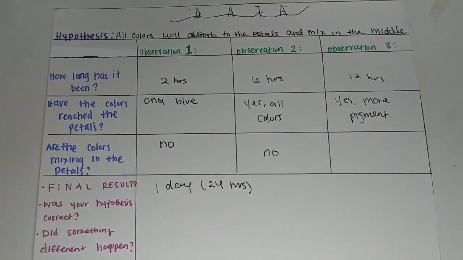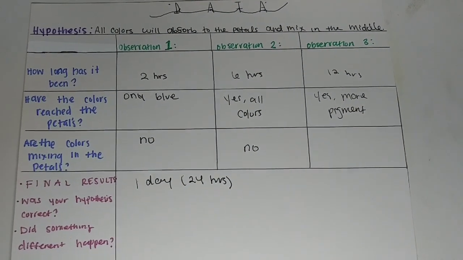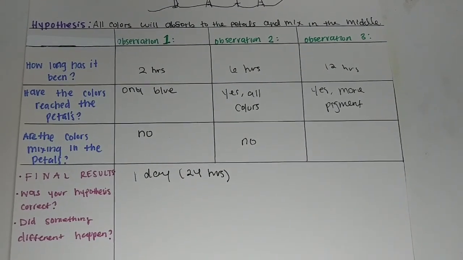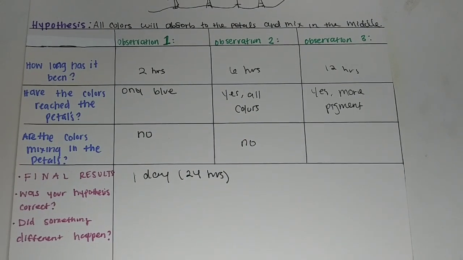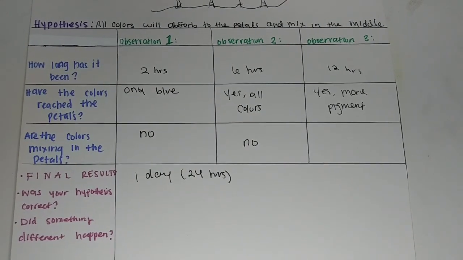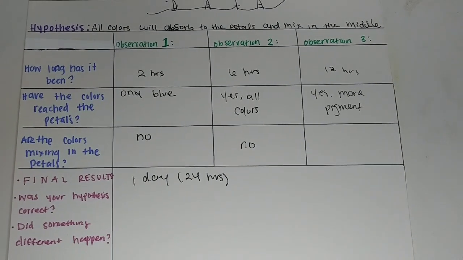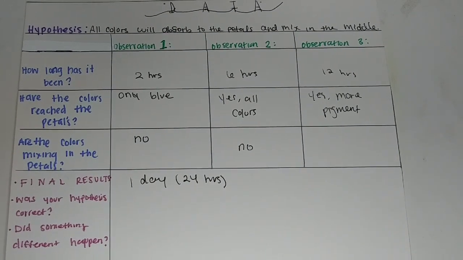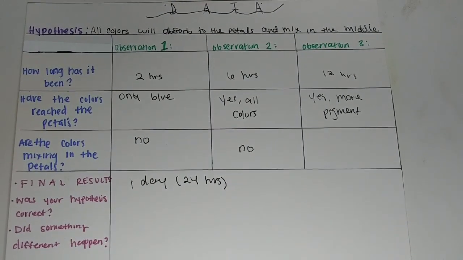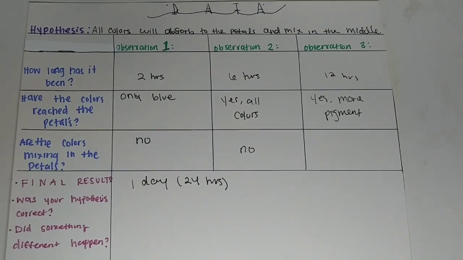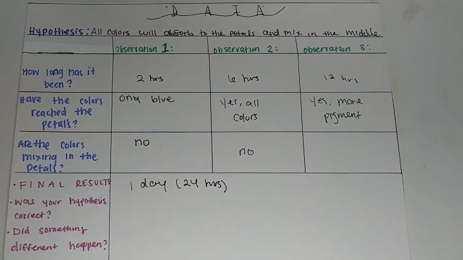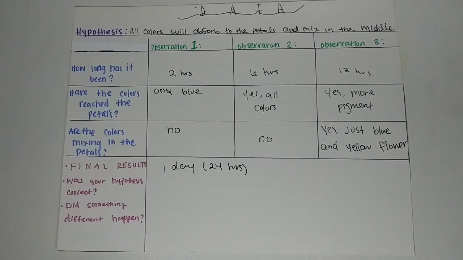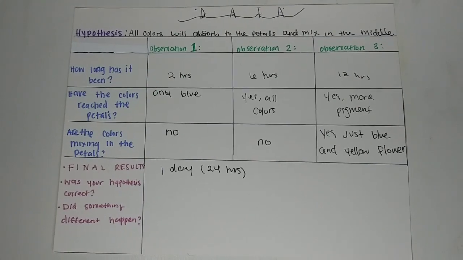Yes, and I said that it's more pigment. And for are the colors mixing in the petals? I'm going to write yes, just for the yellow and blue flower, because it's starting to mix green in the middle. And that is my data chart for observation number 3.